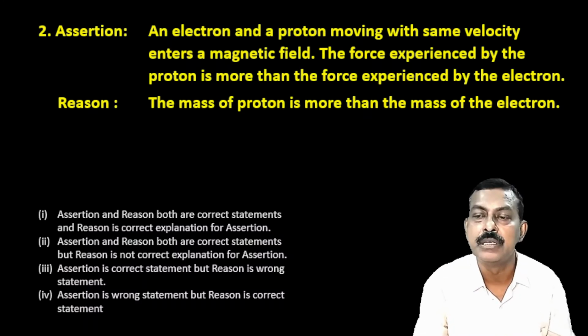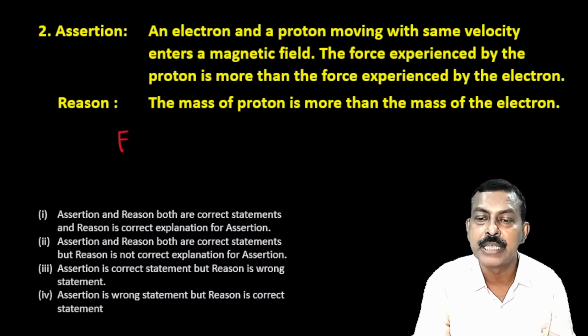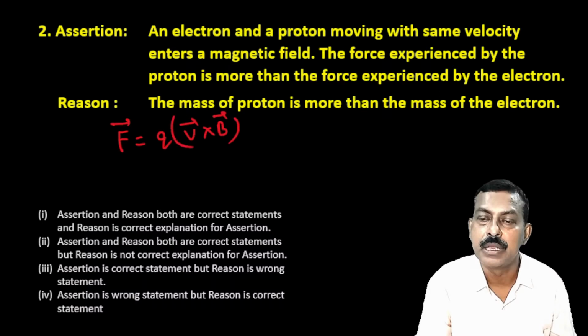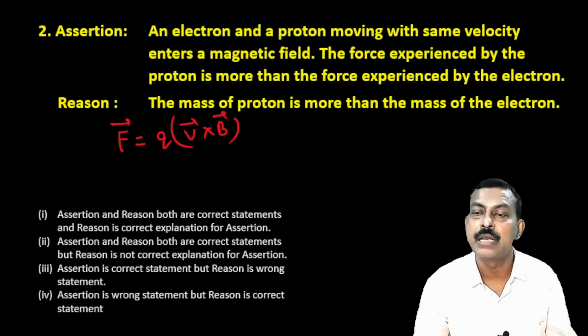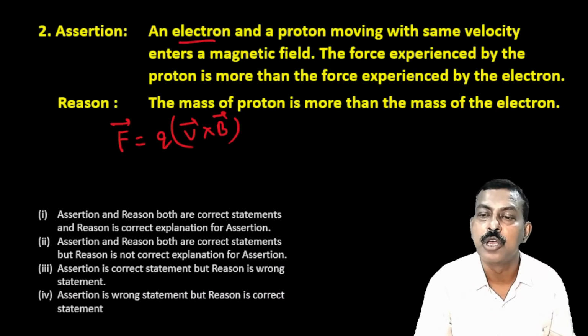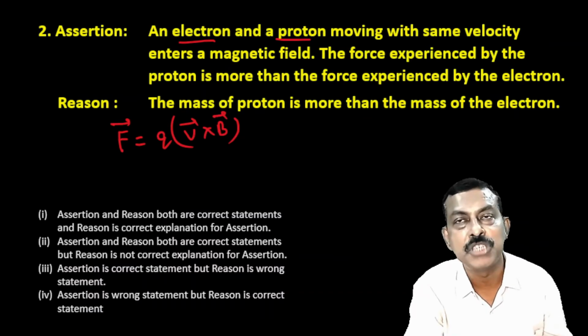If you consider the force experienced by a charged particle moving in a magnetic field, the expression is F equals q V cross B. Now here, proton and electron both have the same magnitude of charge.